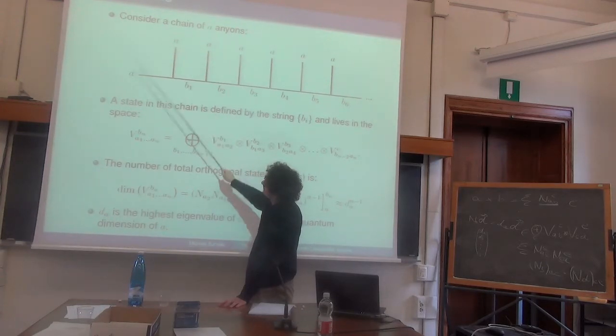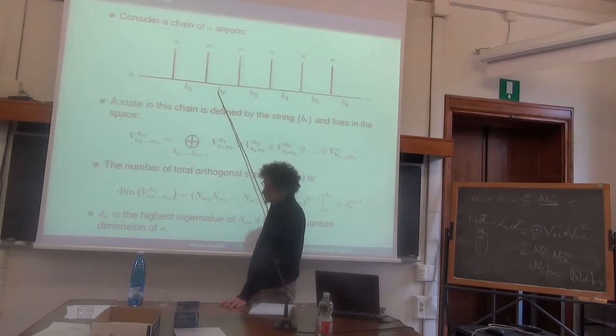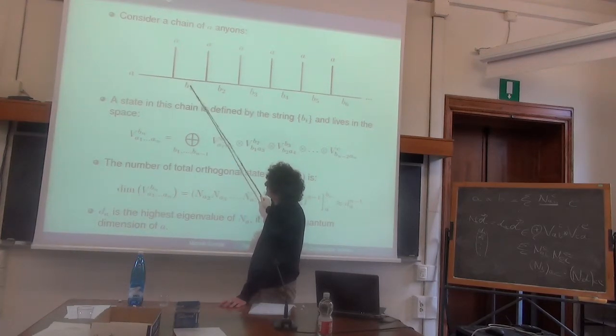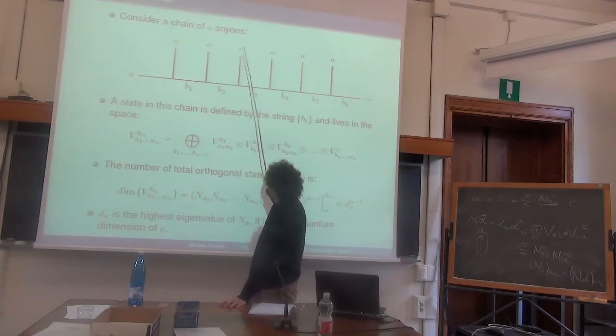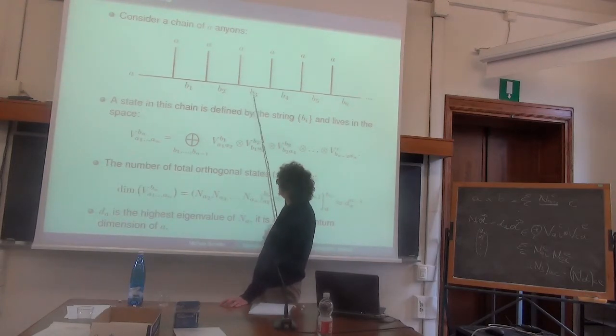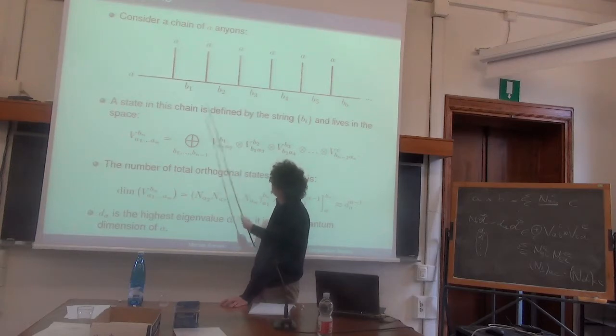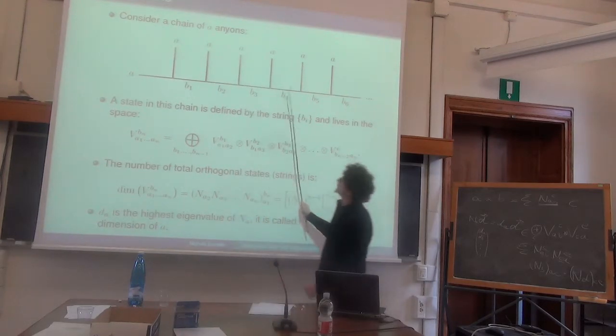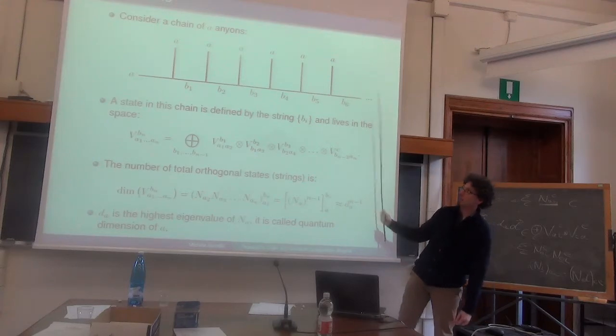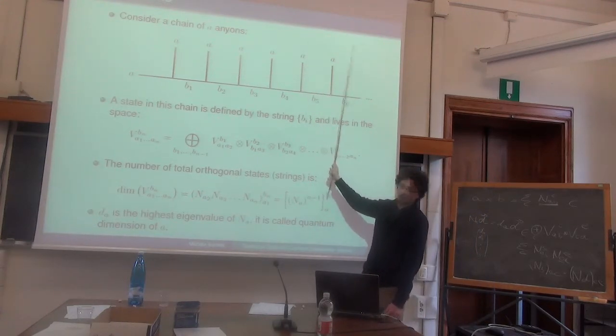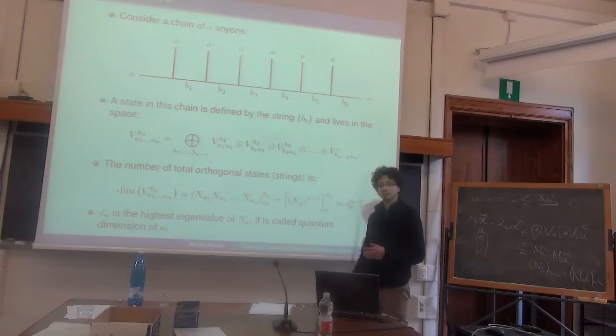Then the first three anions fuse in a charge B2, which is also obtained by multiplying B1 with A. Then the first four fuse in topological charge B3, so that by specifying the string of all these charges that describe the system up to a certain point, I identify one of the states of the system. And so I must count what are all the possible states, and the answer is given by these fusion matrices.